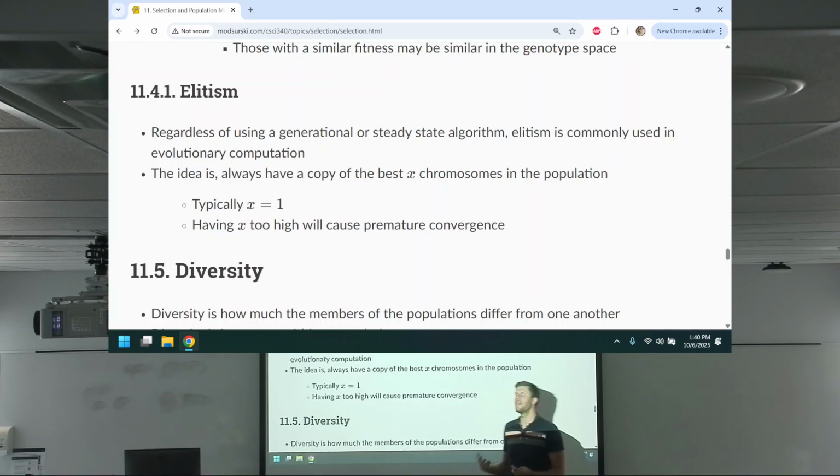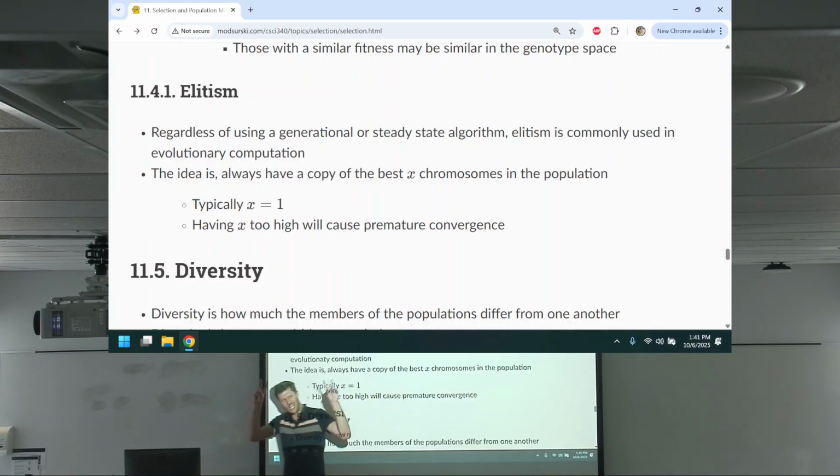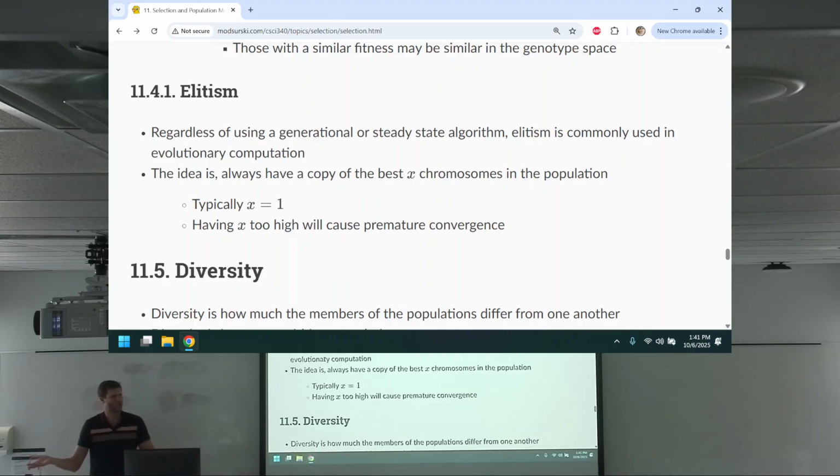If I never want to lose track of the best thing, I could just save it somewhere else, not in the population, and always keep track of it, right? But then again, if you have something good, you might want its genes to be in the gene pool for a longer period of time. So maybe I should leave it in the population. But if I do, that might bias the population too much.